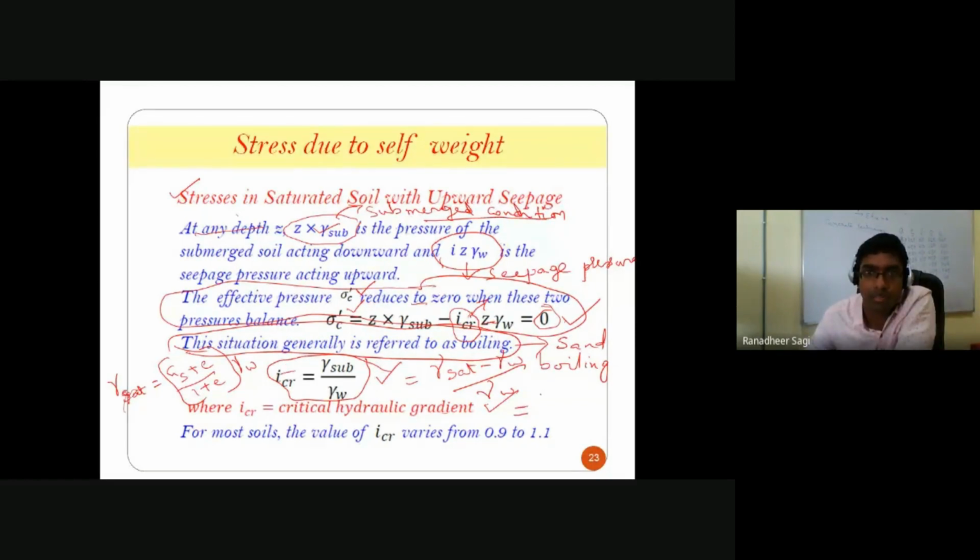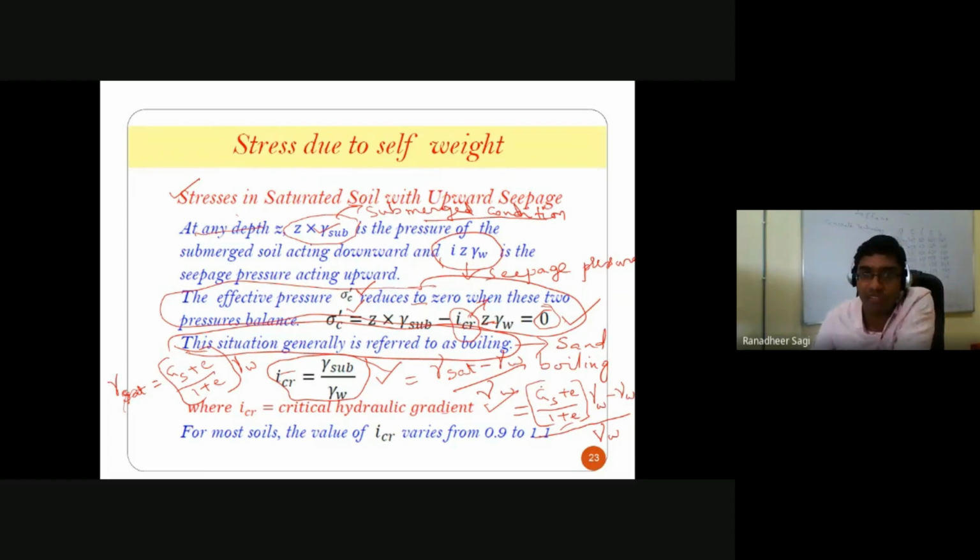Let me rewrite everything here. It is (GS plus e) by (1 plus e) into gamma W minus gamma W, this total divided by gamma W. I can take gamma W common from numerator and denominator and cancel it out.